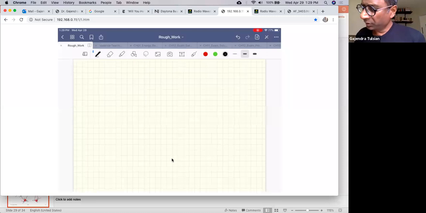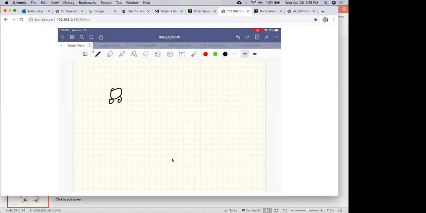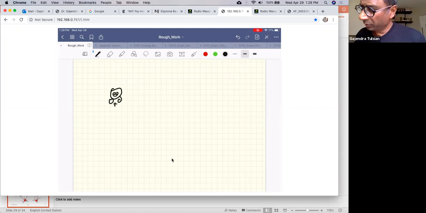Here's the water molecule, and the water molecule has a dipole moment like this. The dipole moment is denoted by p. So here's the water molecule represented like that.